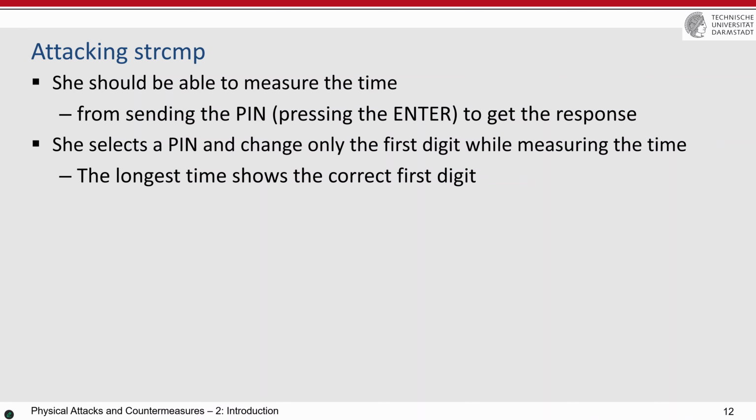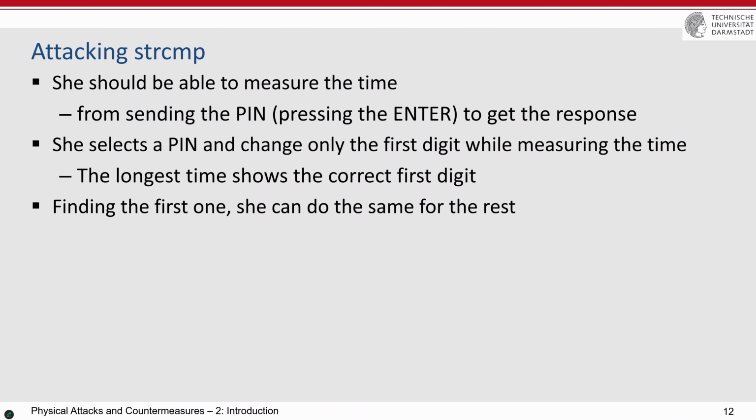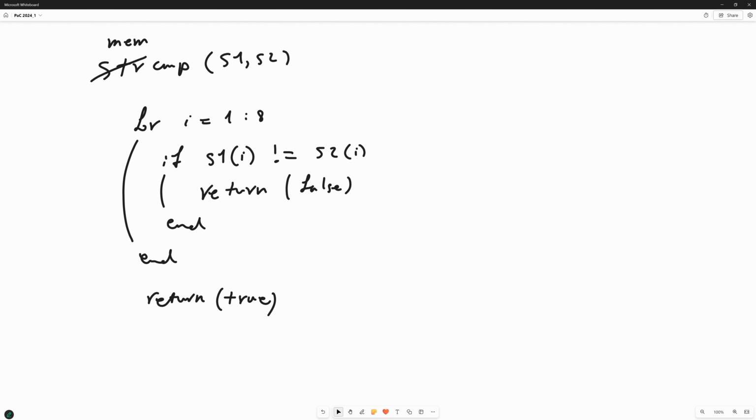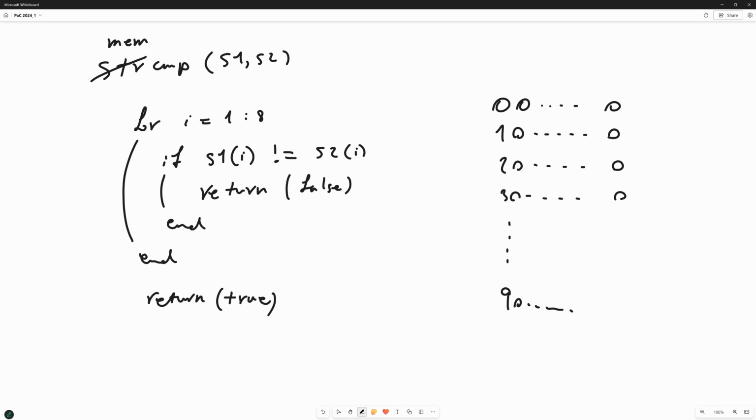For example, you send all 0 and get the average, you send 1 and the rest 0 and get the average a couple of times, and so on. Then the attacker can do the same for the rest. You measure first for 0, 0, everything 0, then for 1, 0, then for 2, everything 0, and then 3 till 9, everything 0. I would say this is T0, this is T1 till T9.